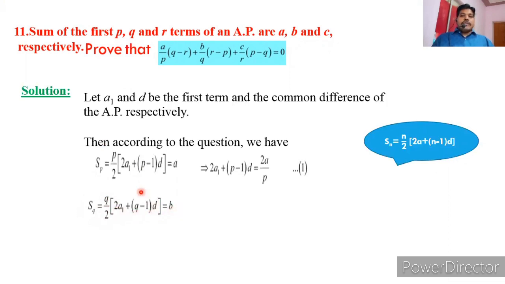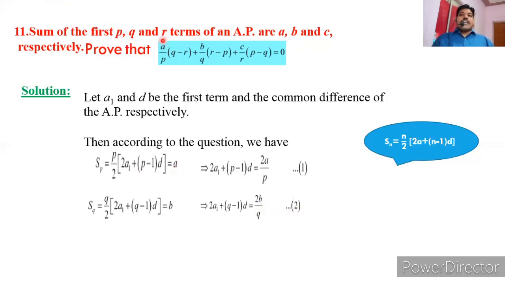So take this value: 2a1 plus q minus 1 into d is equal to, take the 2 to this side, it will become 2b, and take the q to the denominator, it will become 2b by q. So 2a1 plus q minus 1 into d will become 2b by q. So that is the equation number 2.